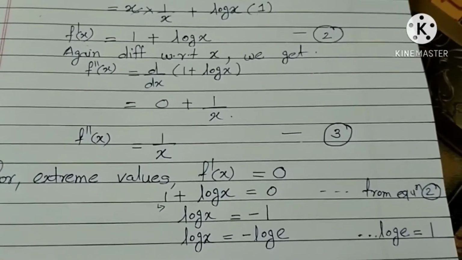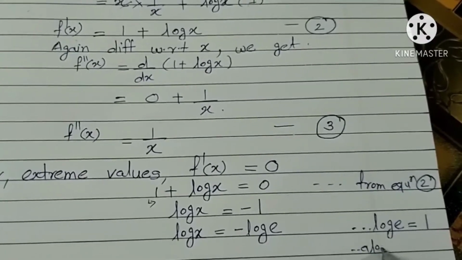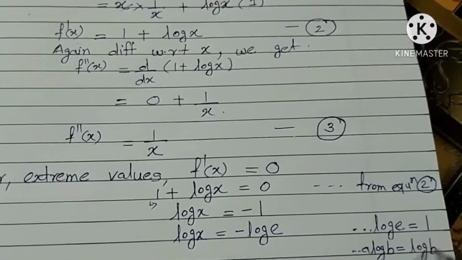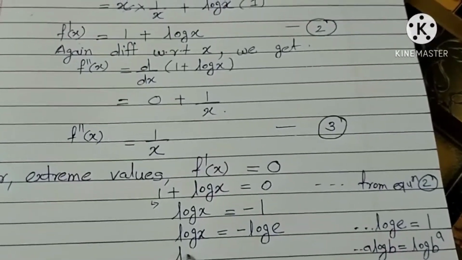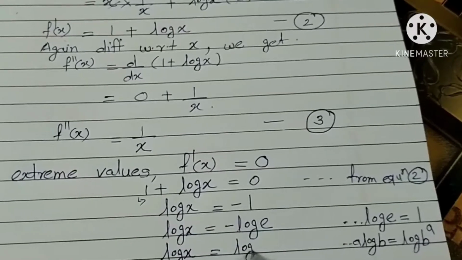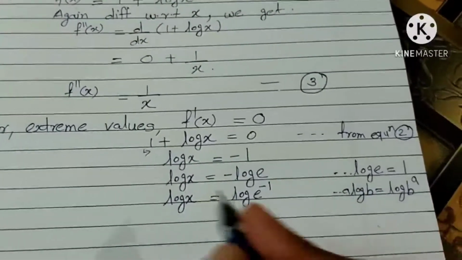Okay. Now next use here the power rule of log: a log b is equal to log b raised to a. So log x is equal to log e raised to minus 1. Now this log gets cancelled.